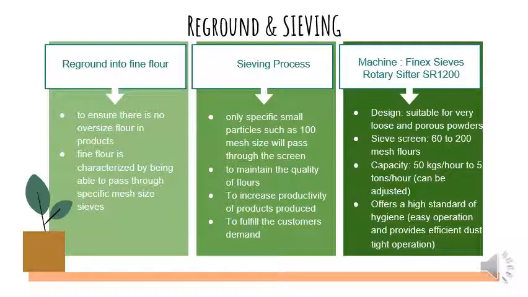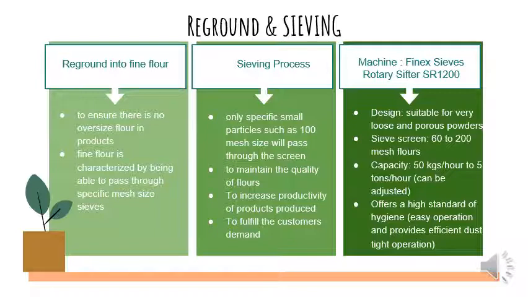After doing some research and viewing some journals, the suitable machine for this process is the fine sieve rotary sifter, where this machine can sieve fine flour to the end of the rice flour product. The design of this machine is very suitable for loose and porous powder, and this machine is able to sieve from 60 to 200 mesh size, which is suitable for rice flour production.